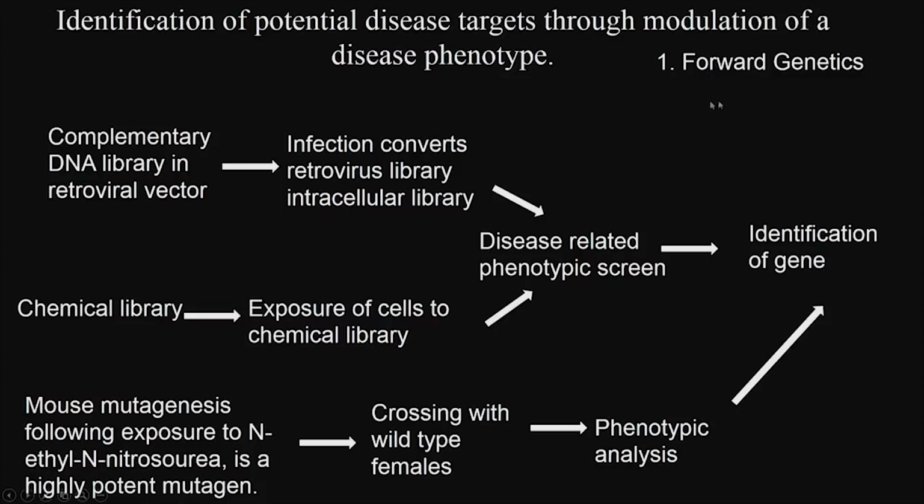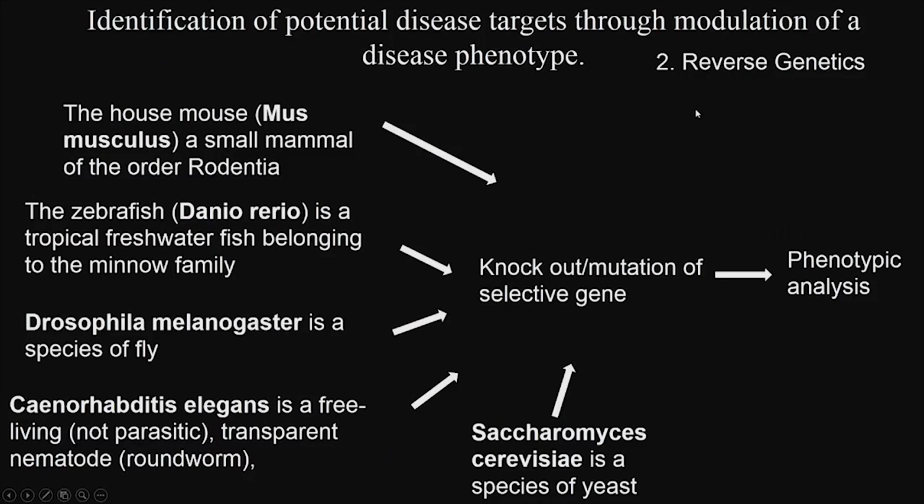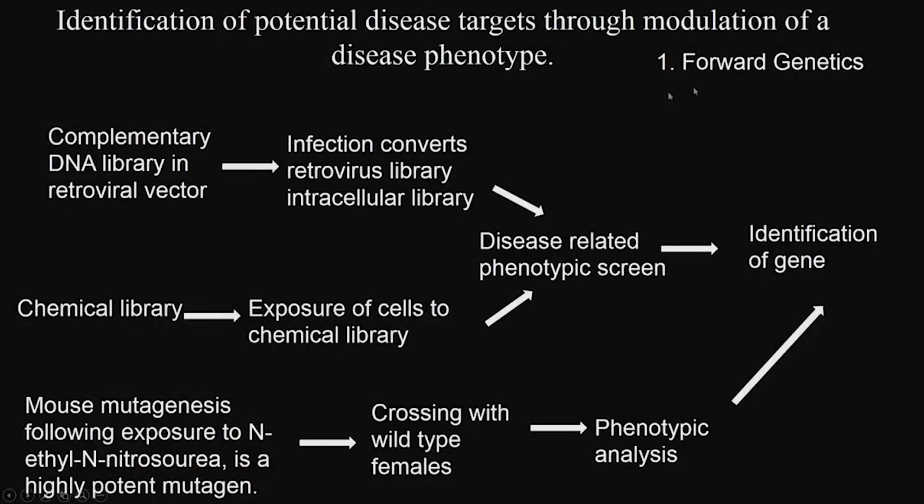Another approach is called forward genetics, and there is reverse genetics, by which we can also identify your disease phenotype. What we do is look at the complementary DNA library in a retroviral vector. Infection converts this retroviral library into an intracellular library, so you get the disease related phenotype.